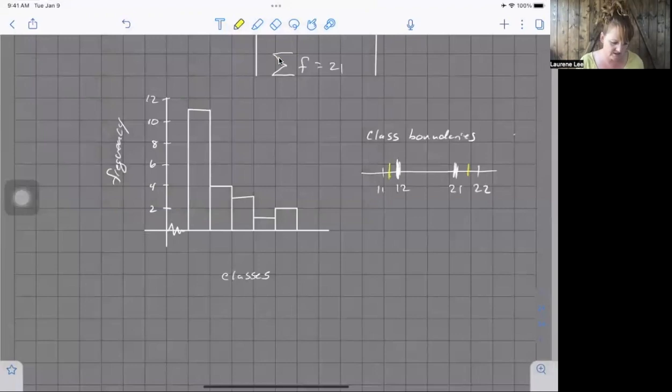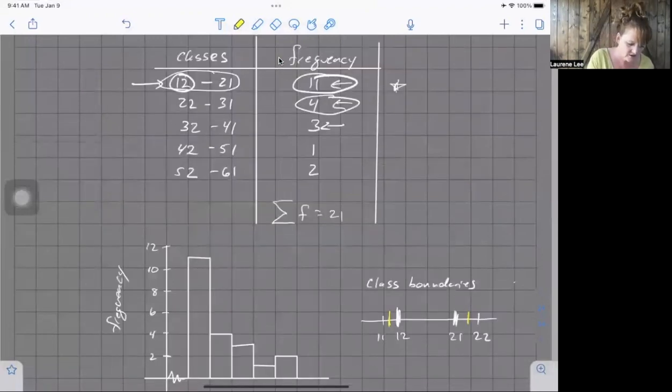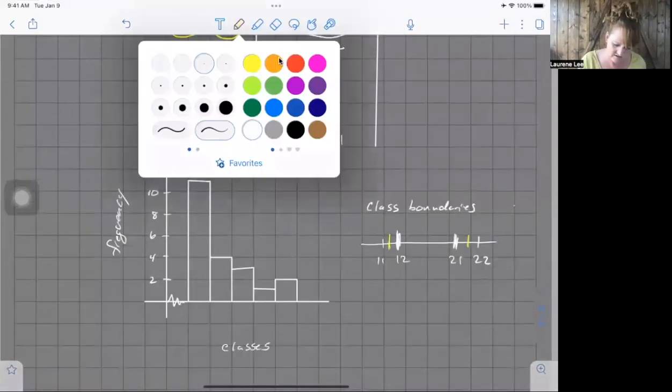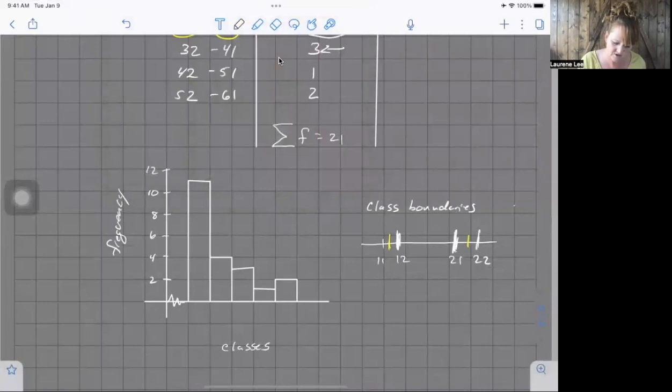So if you see this, this class goes from 12 to 21, and then this one's 22 to 31. Between this 21 and 22 bar, this one ends at 21 and this one starts at 22. What they share in the middle is 21.5.